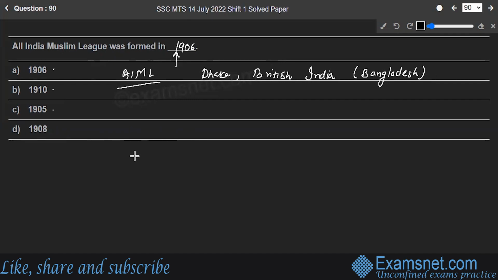Its original aim was to protect the political rights of Muslims in India. Khwaja Salimullah was the founding father of the Muslim League, and option A is the correct answer.